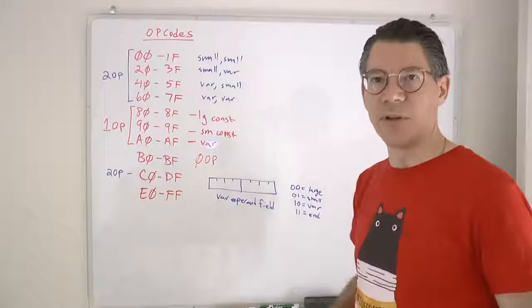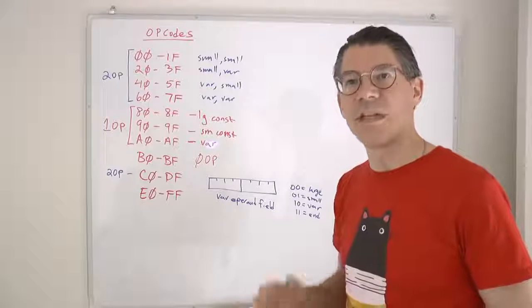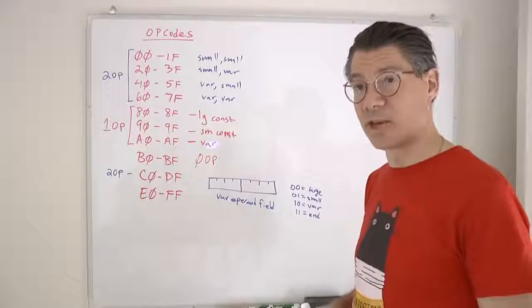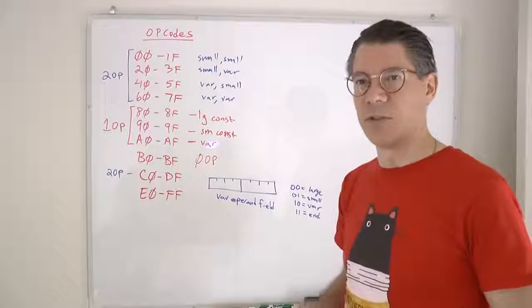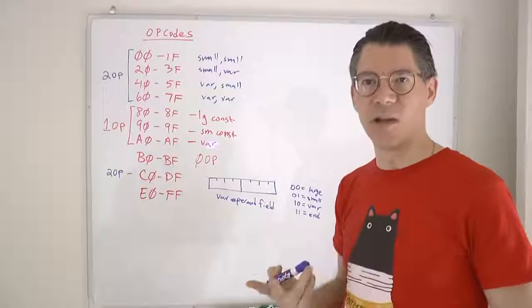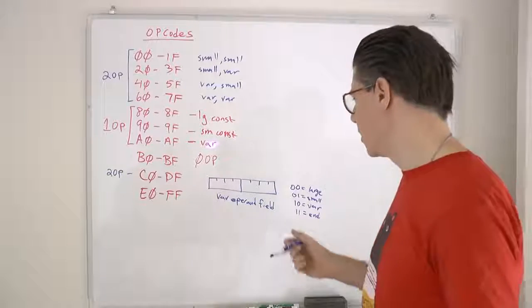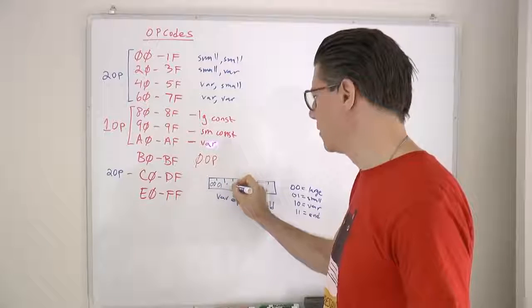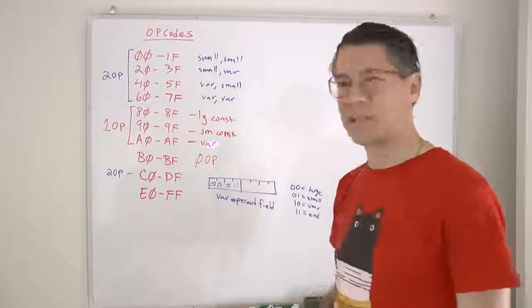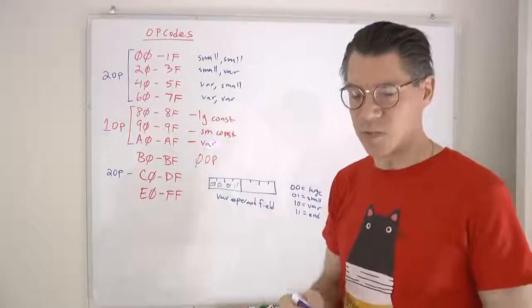So, for example, if we wanted to have for whatever reason, a 3 operand instruction, and we wanted it to have, for example, a large constant, a small constant, and then another small constant, and then stop, that would be encoded as 00, 01, 01, and then we would stop at 11, and then this other byte wouldn't be present because, of course, we don't need it.